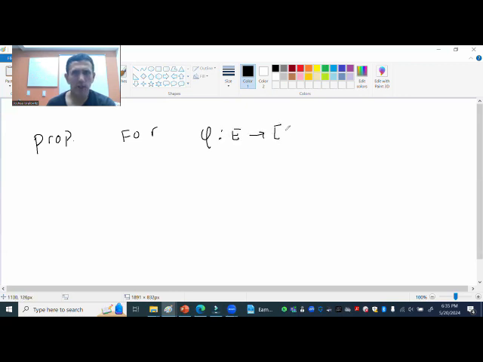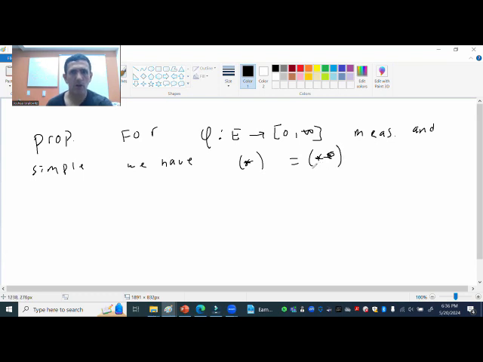I'll try to be efficient with notation. There's just a lot of sets to write. It's annoying, but that's life. So we have these two are equal.